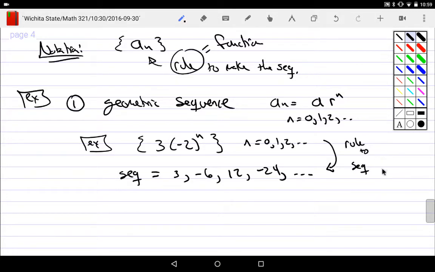And on the other hand, could you go backwards, sequence to rule? If I gave you the numbers 3, negative 6, 12, negative 24, could you figure out that the rule is what? 3 times negative 2 to the nth power, where n is equal to 0, 1, 2, 3. We need to be able to do these two things. So we're going to learn lots of pattern recognition. What do you notice about geometric things?